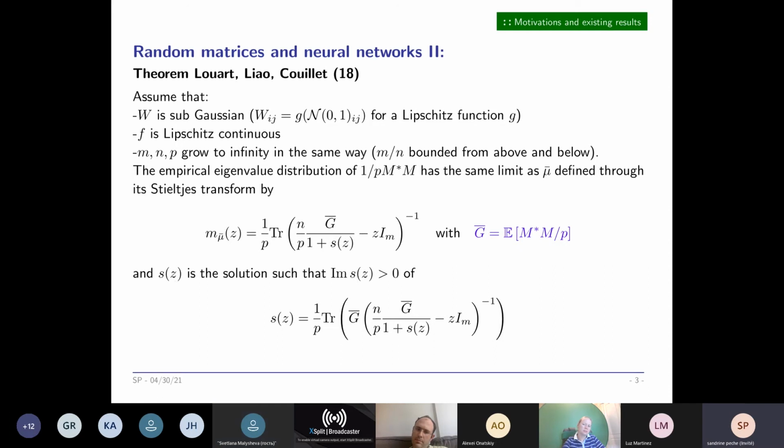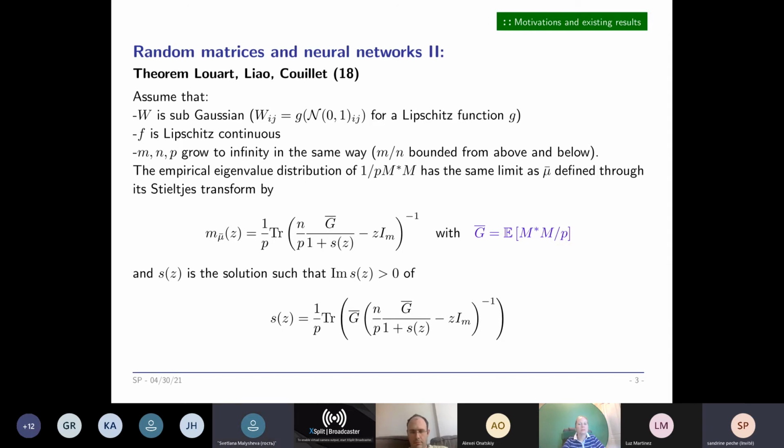So Louart, Liao, and Couillet show that this limiting distribution is not universal in the same way as the Wigner semicircle distribution, because they can show that the first moment of the entries of W indeed plays a role in the asymptotic distribution.